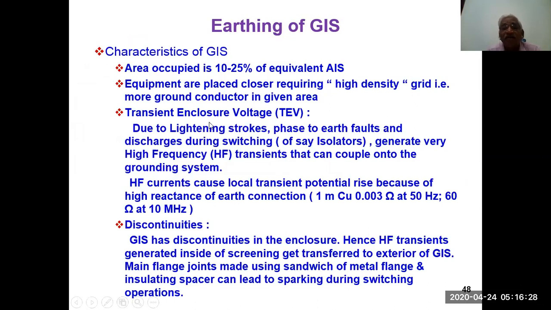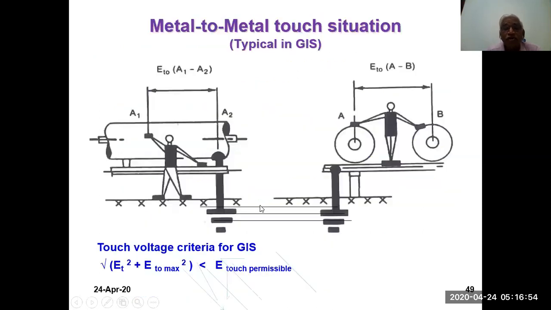Here, transient enclosure voltages due to lightning strikes, phase to earth faults and discharging during the switching of isolators generate very high frequency transients that can couple into the grounding system. HF current can cause a local transient potential rise because of the high reactance of the earth connection, because of the high frequency and a discontinuity.